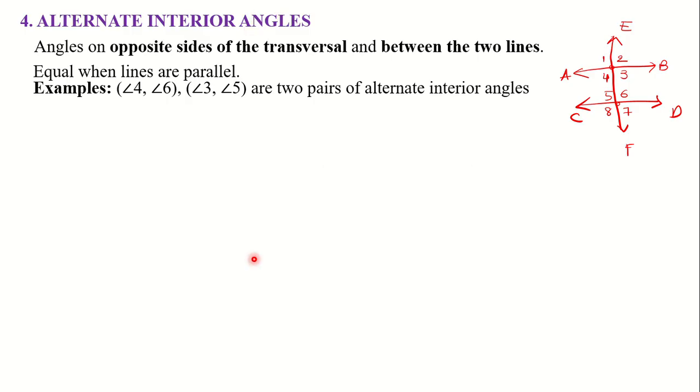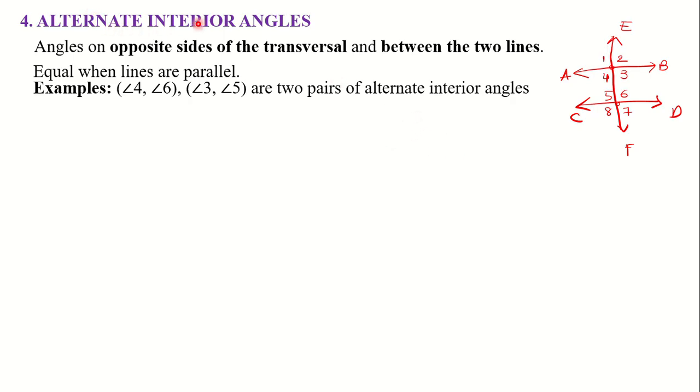Here a simple logic is applied. In alternate interior angles, first see what are interior angles. Interior angles are nothing but the angles which lie inside the two lines. Now apply the topic, that is alternate. Alternate angles are those angles that are opposite to each other.